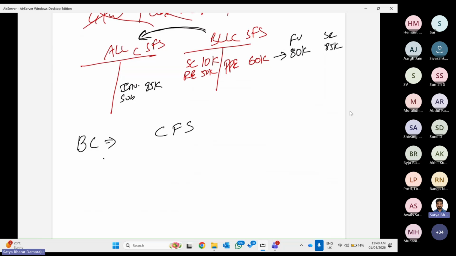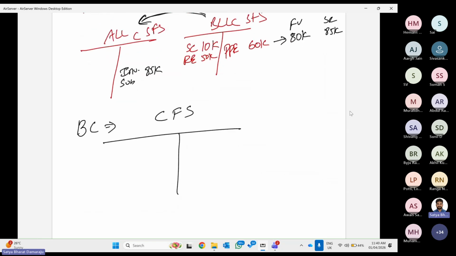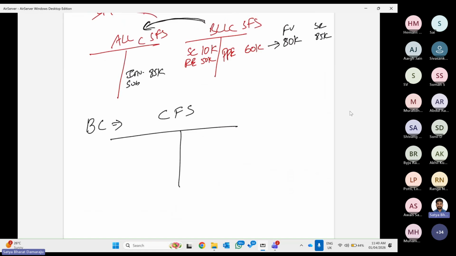In CFS, once there is a business combination, ALLC is not required to prepare SFS. ALLC will no more prepare standalone financial statements unless required by law. In the UAE it is required by law, so we are preparing. Coming back, in CFS, how will I present, sir?